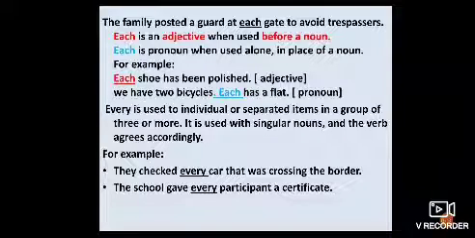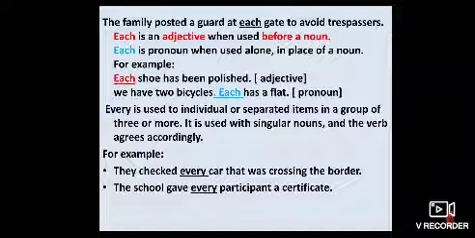In the same way, you can see another example. The family posted a guard at each gate to avoid trespassers. Now you have to remember that each is an adjective when used before a noun.